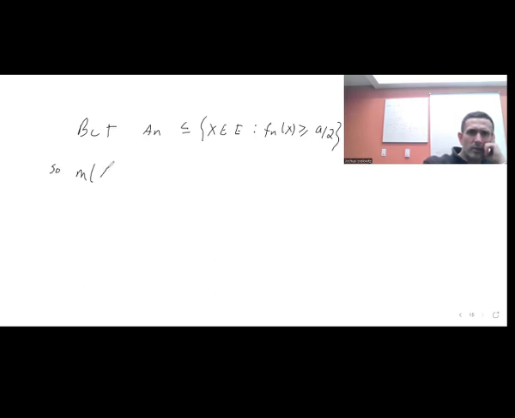All right, so what does this say? This says that this is less than or equal to, by Chebyshev's inequality, 2 over a times the integral of f_n. And a could be really small, so this could be huge, but that doesn't matter. That's fine.